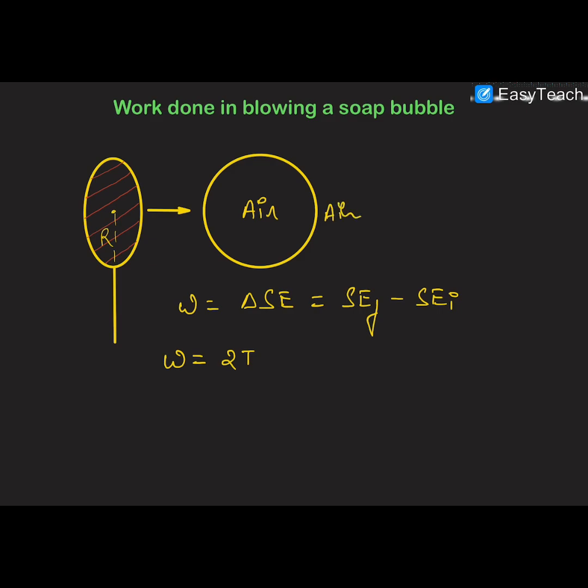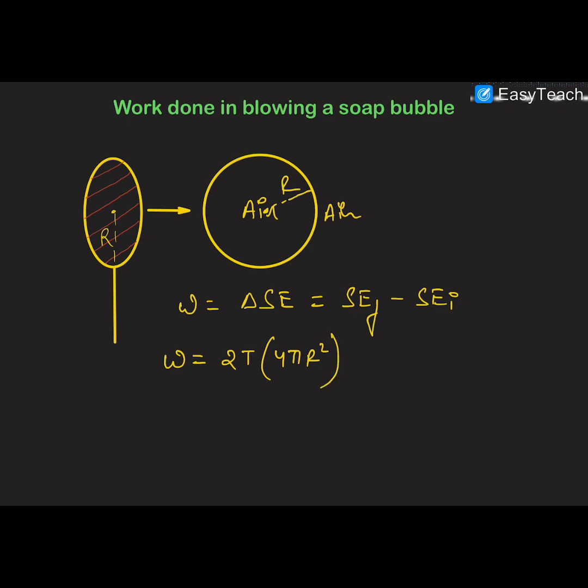So there are two free surfaces and therefore the tension is 2T, and the final surface area of this bubble will be 4 pi r square, if we are considering that we have created a bubble whose radius is also r. We are just assuming, so it depends on the question only.